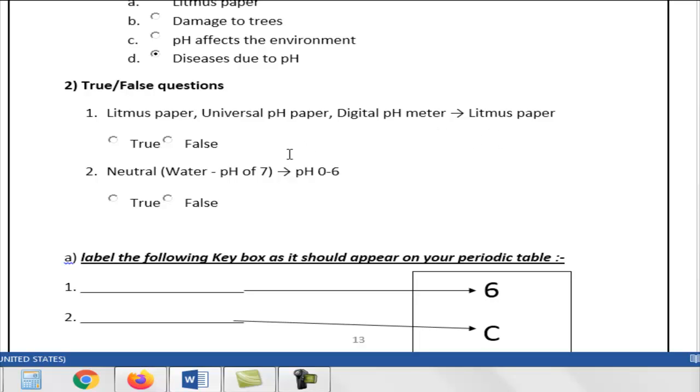So litmus paper, number 1, it will be false. Neutral water has a pH of 7, meaning from 0 to 6? No, it will be false.